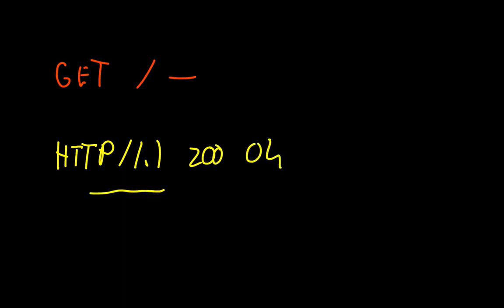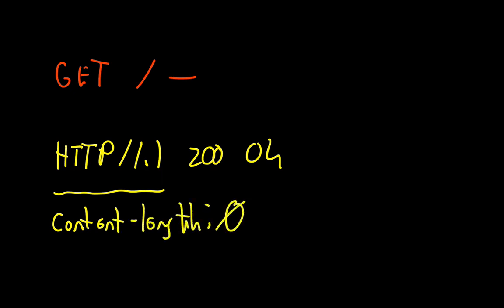We have all of our headers, but one of them is Content-Length: 0. This is a suspicious IOC or suspicious behavior in some contexts, so I do recommend you avoid this situation.